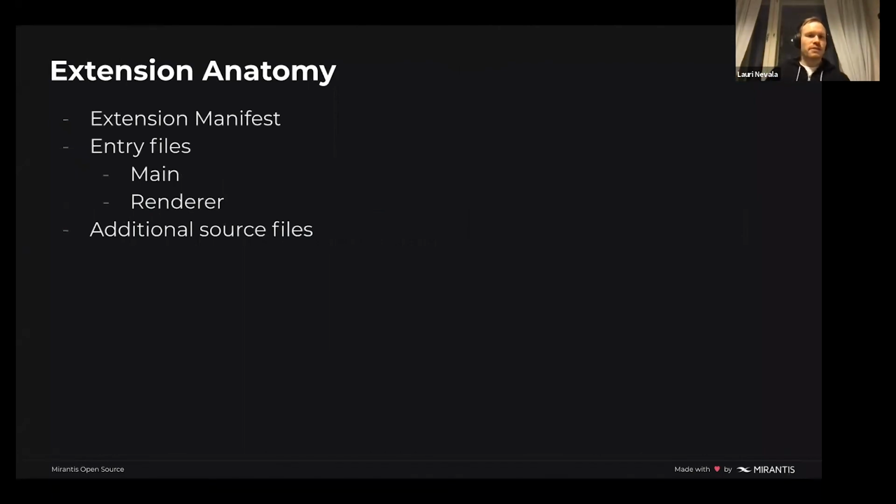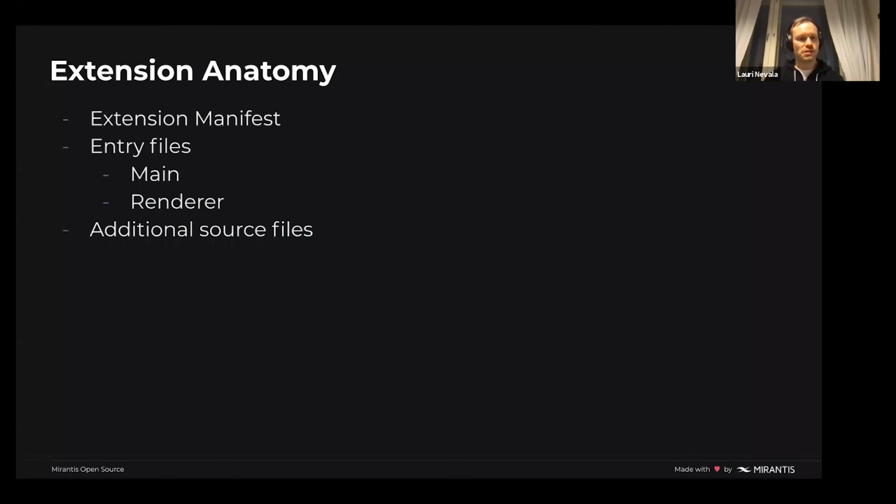And then about extension anatomy. Basically, because extensions are NPM packages, they need to have some manifest and then some entry file that is executed. Because Lens is an Electron application, an Electron application basically has two processes running.